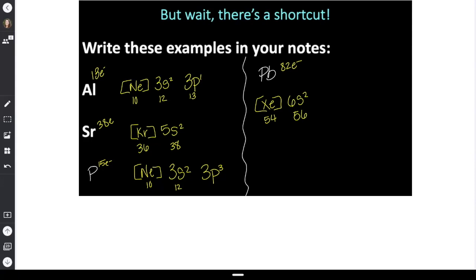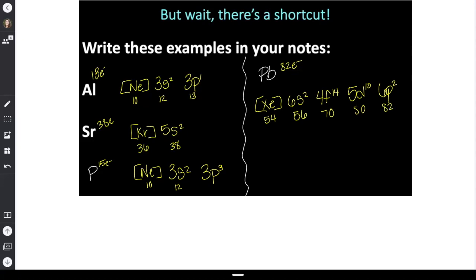After 6s2, we go to the next arrow and we get to 4f14, which takes me to 70. After 4f14, we go to 5d10, which gets me to 80. And after 5d10 comes 6p2, because I only need 2.